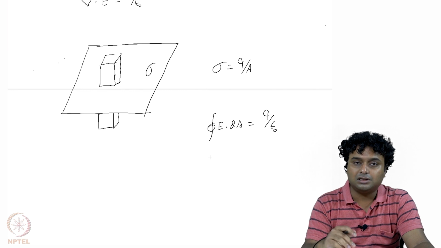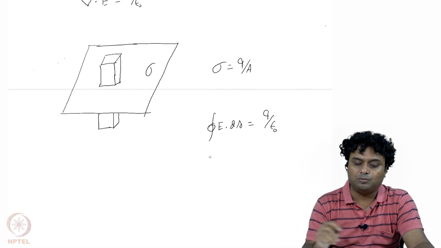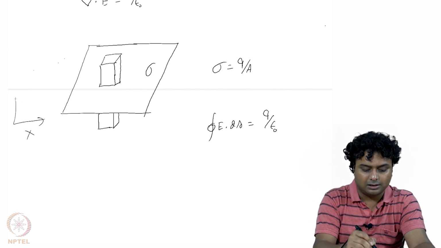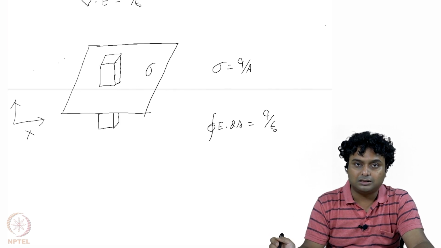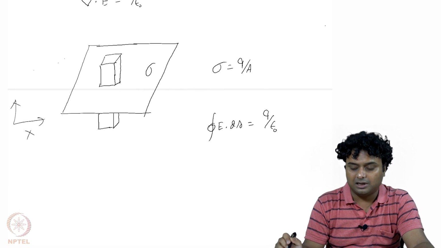Why? Because this is an infinitely large surface charge distribution. So even if we move in the x or y direction, it does not change the distribution with respect to any of those points. In a plane it will be the same electric field.